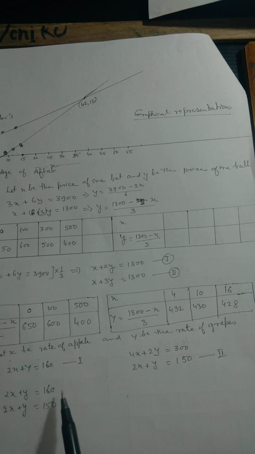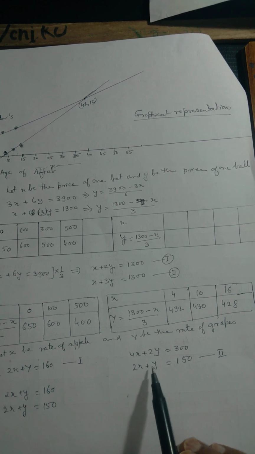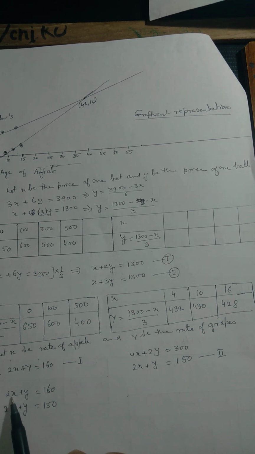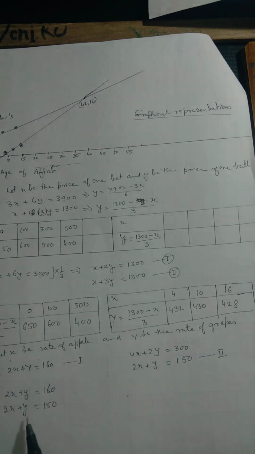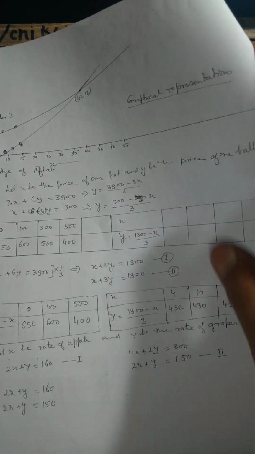So technically somewhere these questions are wrong, but even though I have expressed the algebraic form of it. I have written here 2x plus y is equal to 160 and 2x plus y is equal to 150. This will be the algebraic expression. For geometrical representation, you can plot the graph with the help of the points.